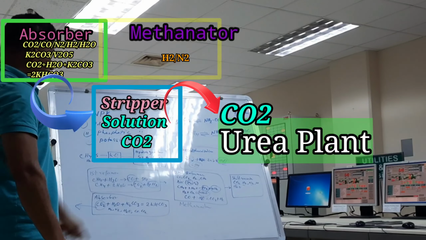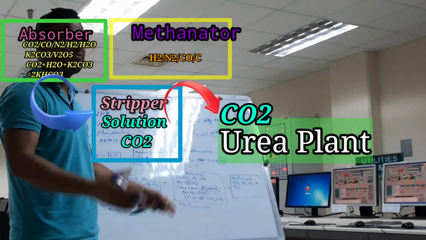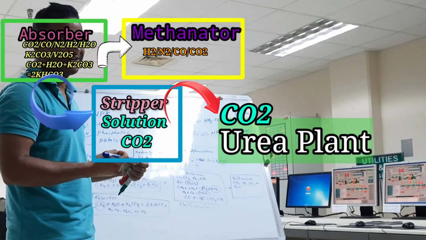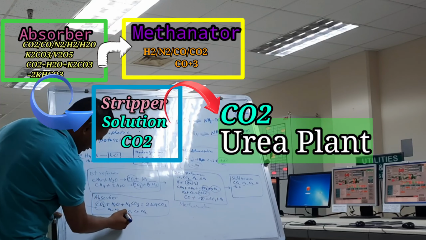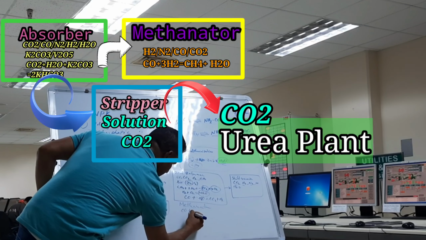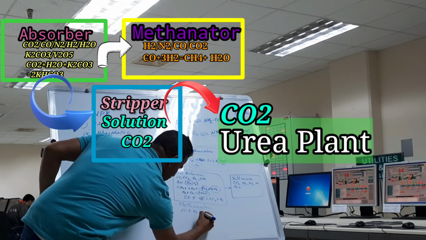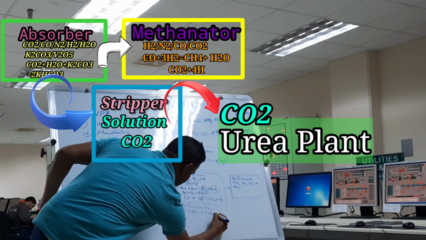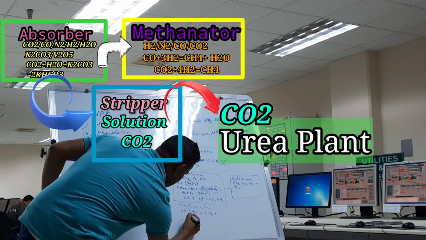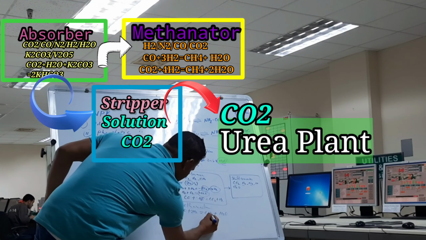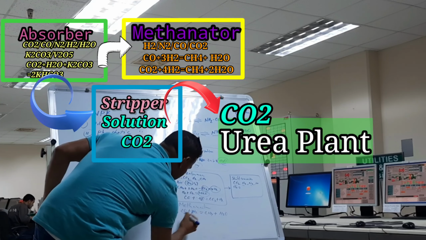Methanator. Why is it called methanator? The main function of the methanator is creating methane. But how does it create methane? Because this side has some CO, CO2. If CO reacts with hydrogen, what will happen? CO plus 3H2 gives CH4 plus H2O. Okay?